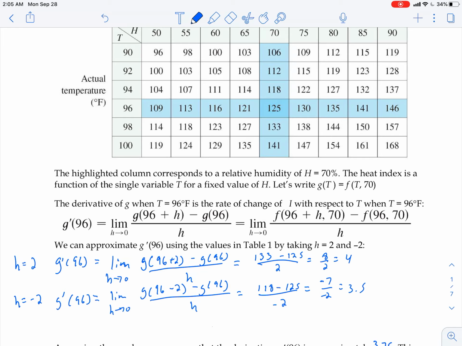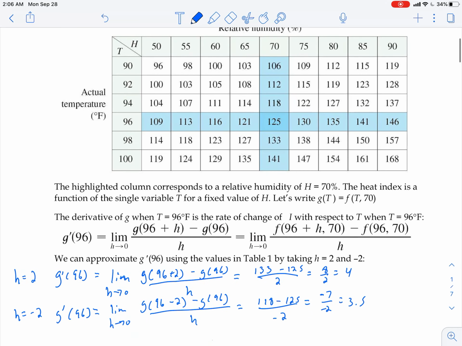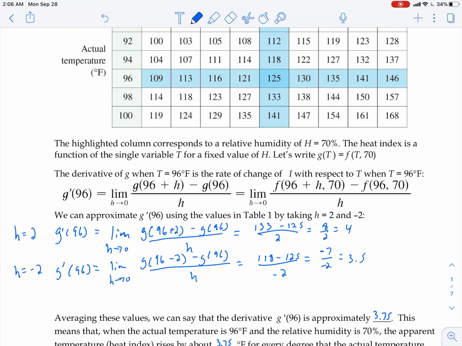So we'll go ahead and find G prime of 96 using limits, and we're going to go first with a step of positive 2, and then minus 2. We have the limit as h approaches 0, plug in positive 2, we get 133 minus 125 over 2, which is just 8 over 2, which is equal to 4.